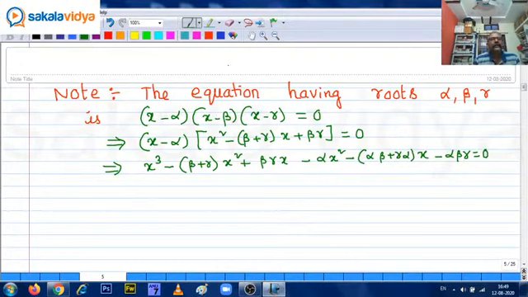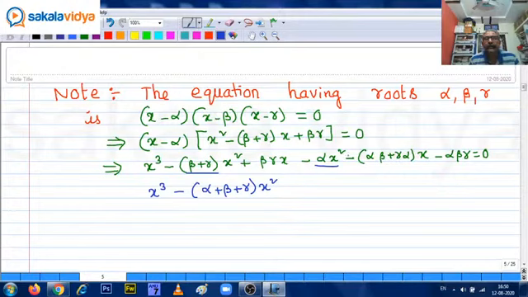So this can be rewritten like this: x cube, from these two take minus x square common, you get alpha plus beta plus gamma of x square. From these two, this will be beta gamma x, right?